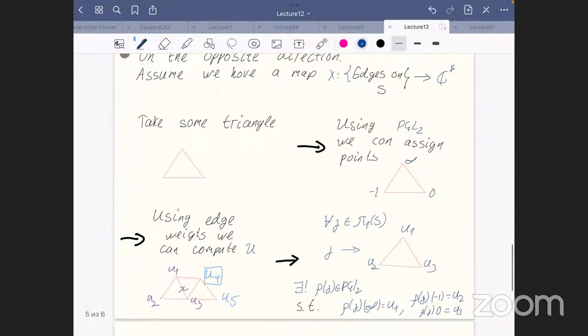Hence, we obtained a representation of the fundamental group in PGL2.